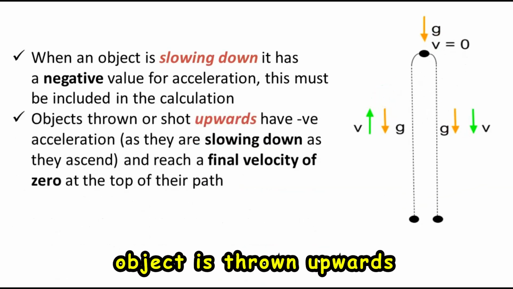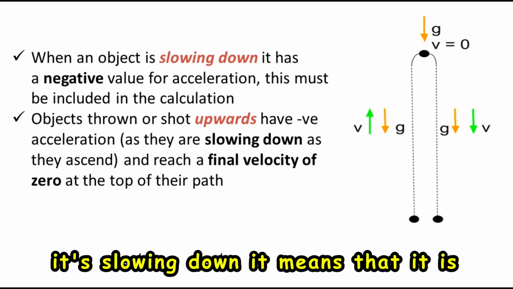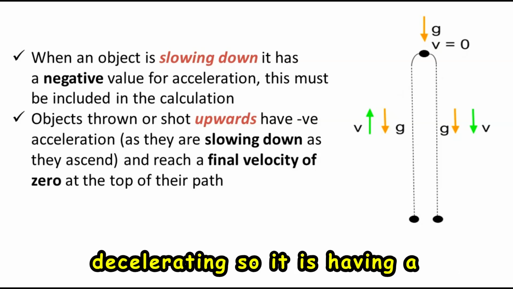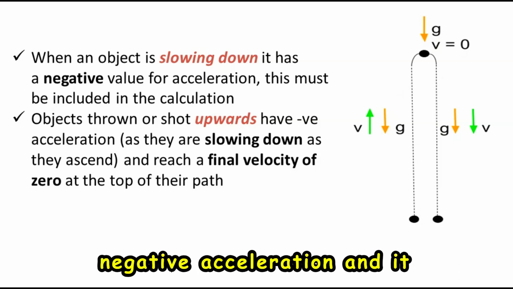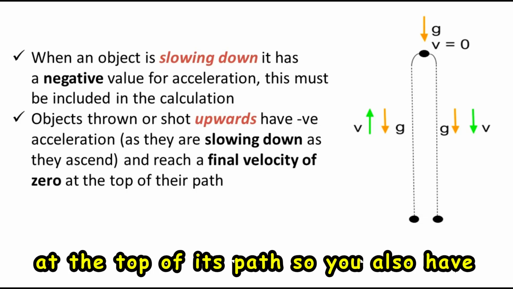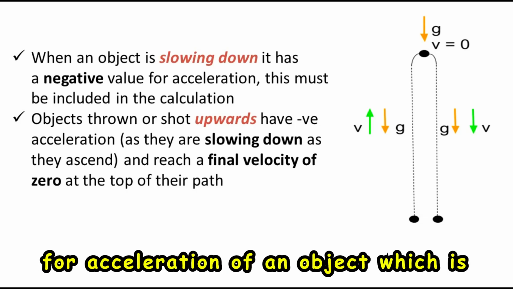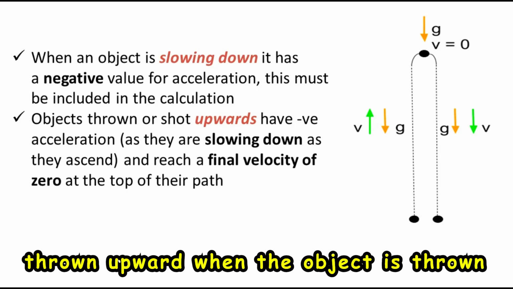Also, whenever an object is thrown upwards, it's slowing down. It means that it is decelerating. So it has a negative acceleration and it finally reaches a final velocity of 0 at the top of its path. So you also have to write a negative value in the equation for acceleration of an object which is thrown upward.